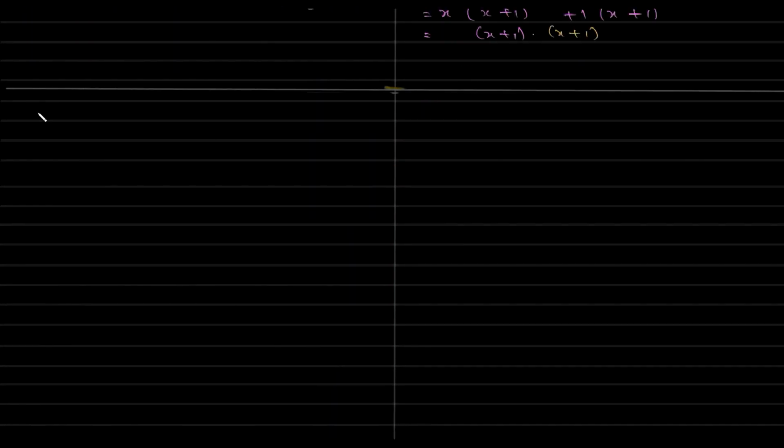Then we'll find the zeros. All you have to do is x plus 1 is equal to 0 and x is equal to minus 1.